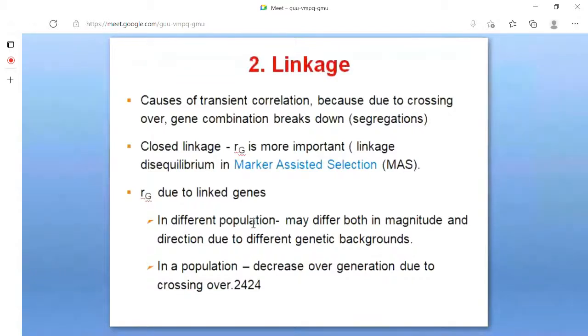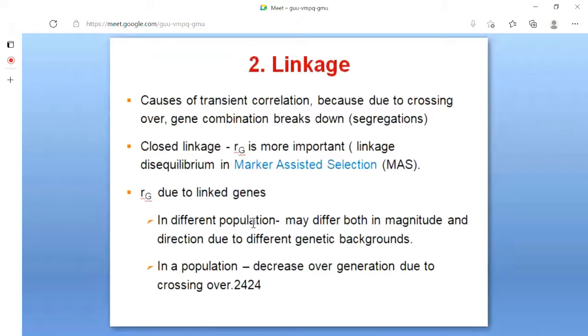If they are very close to each other, then Mendel's law of segregation and law of independent assortment will not be followed. Because to follow those laws, there has to be crossing over, and if they are very close, the chances of crossing over separating those two genes is very less. So always those two genes will be present together.